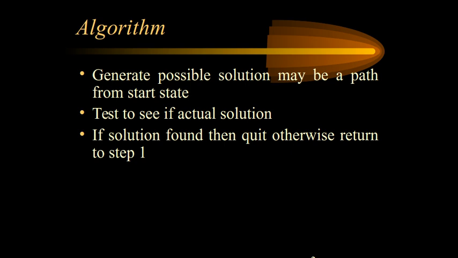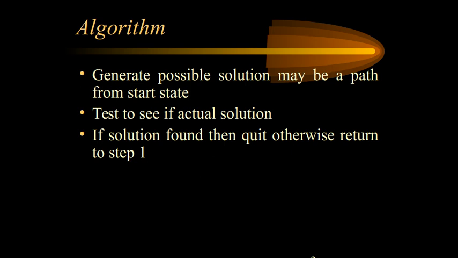A possible solution may be a path from the start to the current state. The next step is to simultaneously test it to see if this is the actual solution. This is done by comparing a chosen point or end point of the chosen path.